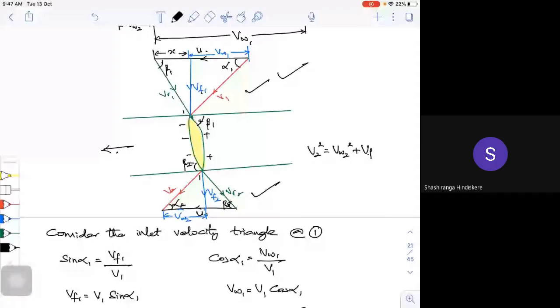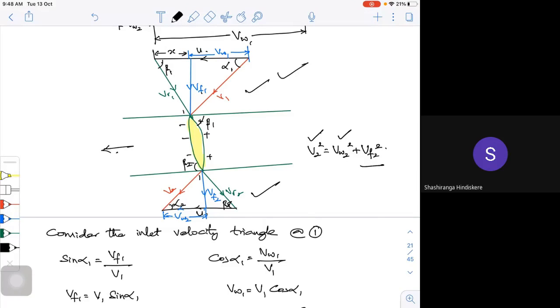So I know the value of V2, I know the value of VW just now, so I can find the VF2. Once I find VF2, I can find the exit blade angle. Easily I can find it. So that's what I'm going to do.